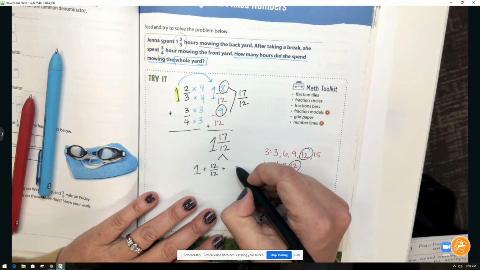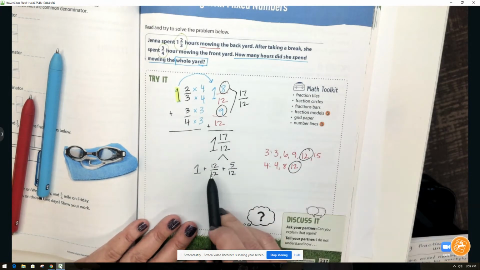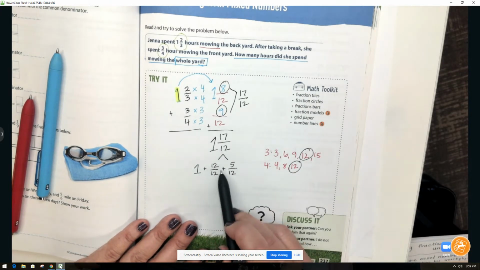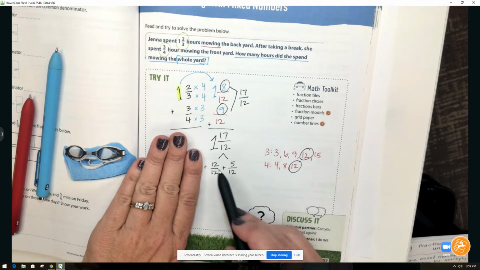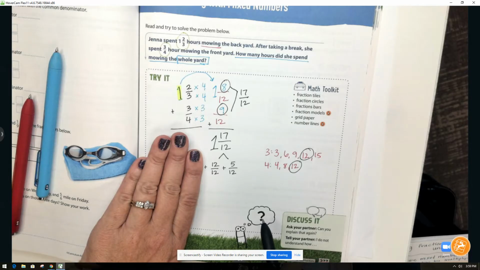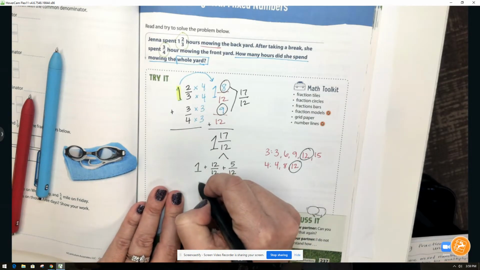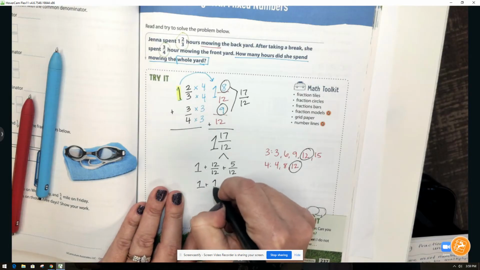So 12 twelfths plus 5 twelfths. Because 12 twelfths plus 5 twelfths is 17 twelfths. Would you agree? Now we know 12 twelfths is the same as 1 whole.